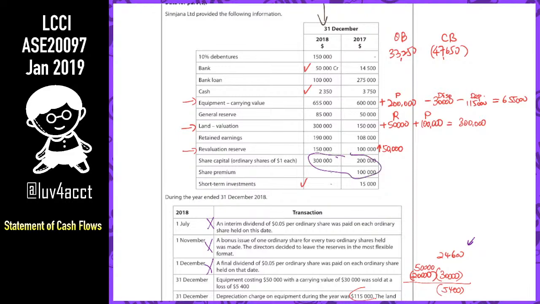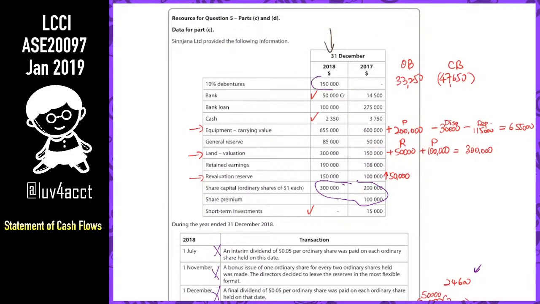Here bonus issue, and then you have dividend, and then you have issue of debentures during the year. So financing activities all the way.